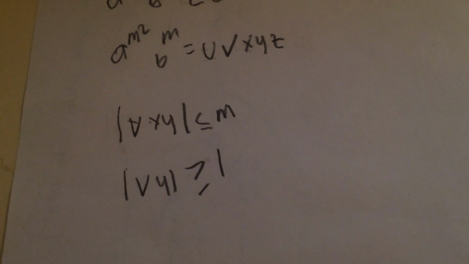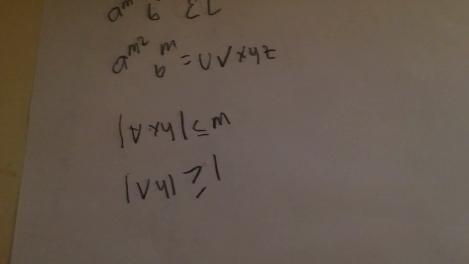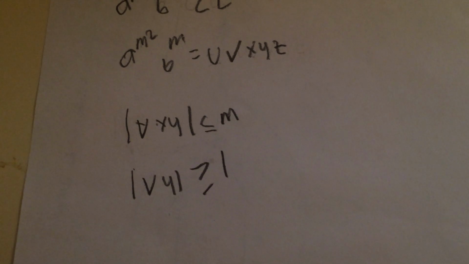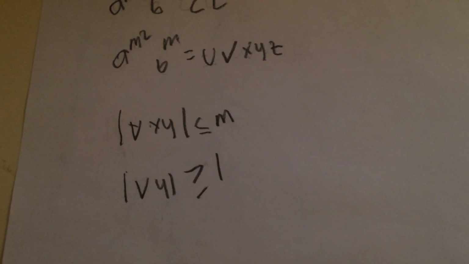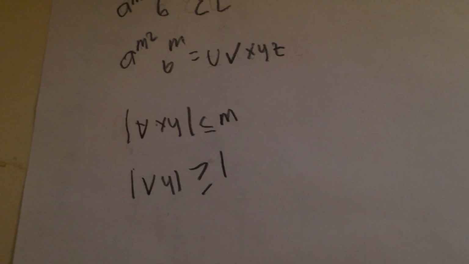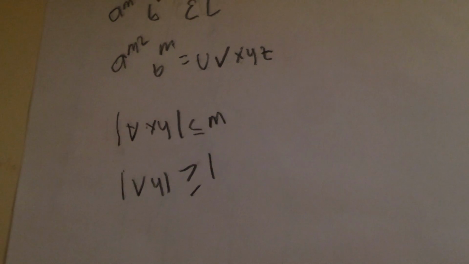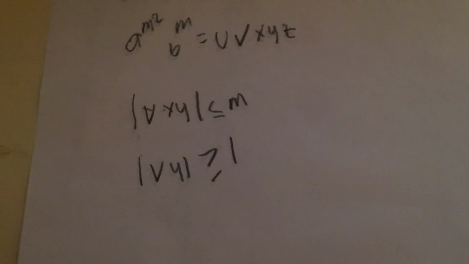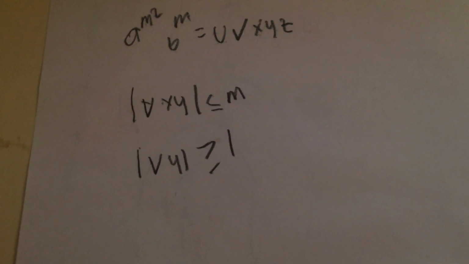Therefore, it must be that v is either within a^(m²) or within b^m. The same holds for y. So we're going to look at these cases and treat it like L, and we're going to see that L is not context-free.